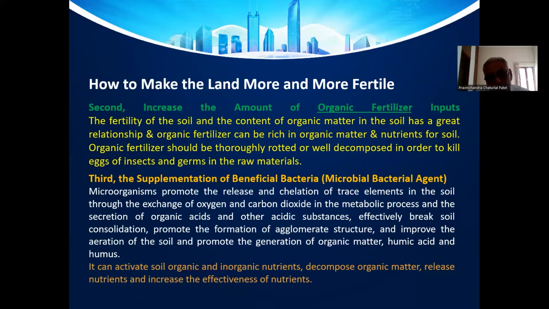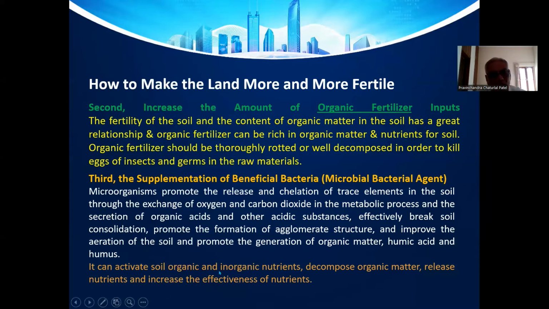Improving the aeration in the soil is very, very important for root growth. And I told that when there is better growth of the root, then the uptake of the nutrients via soil solution is greater, and we are getting higher dry matter production. And you know that when there is higher dry matter production, then it is converted into grain or fruits.